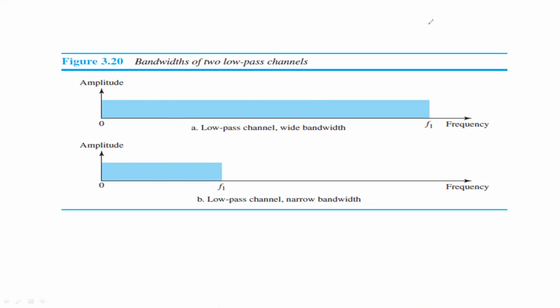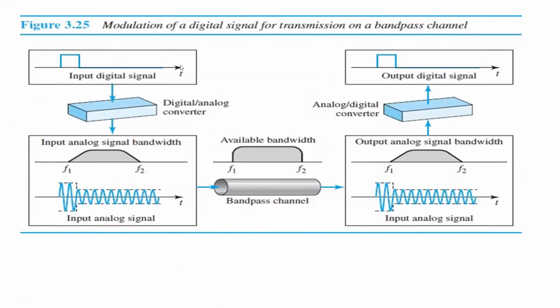So this is a broadband channel with modulation. The digital input signal is converted by a digital to analog converter into an analog signal, and that analog input signal is passed through a band pass channel using the available bandwidth, at its data transfer rate.